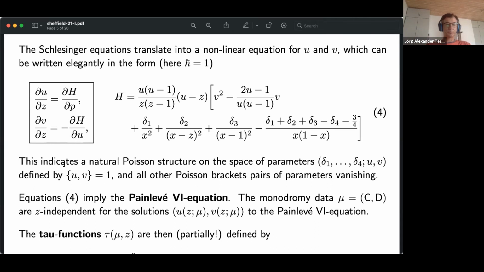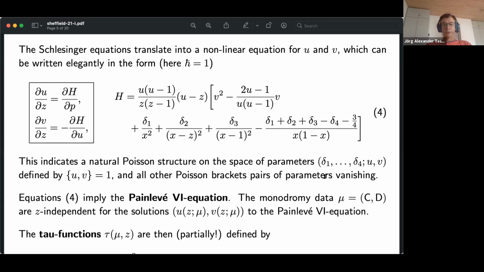So this Poisson bracket computed of u and v would be 1. And with this, you can write the right-hand sides here as Poisson brackets of h with the respective variables to which you take the derivatives here.